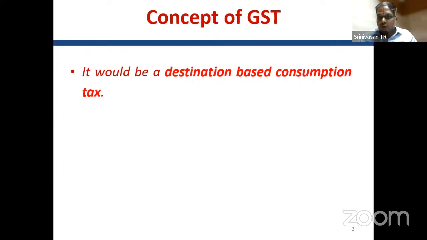This is the formula they have defined. If any state gets less than this, there has to be an offset, and that is the compensation cess they levied. So there was a GST compensation cess guaranteed for 5 years.